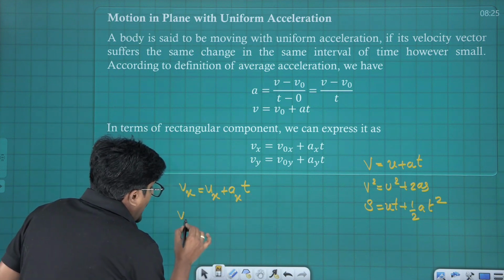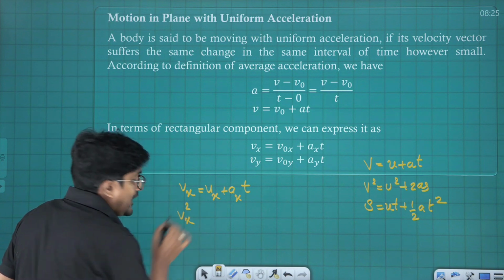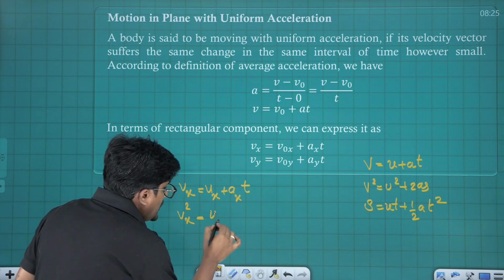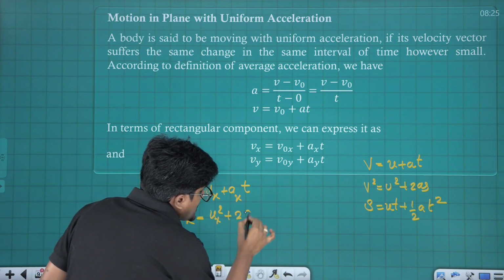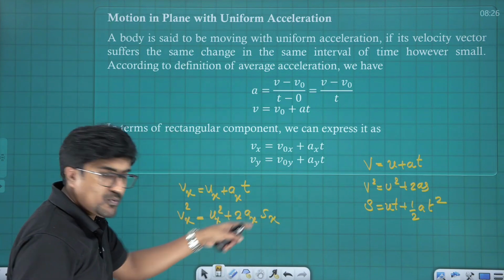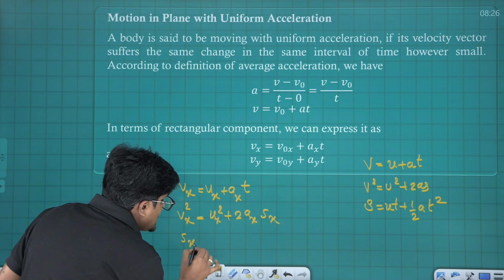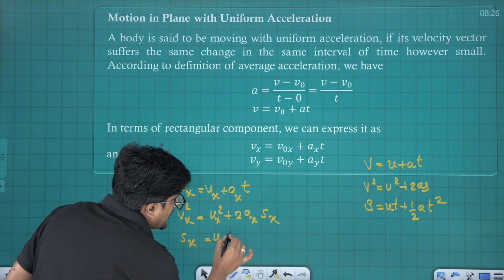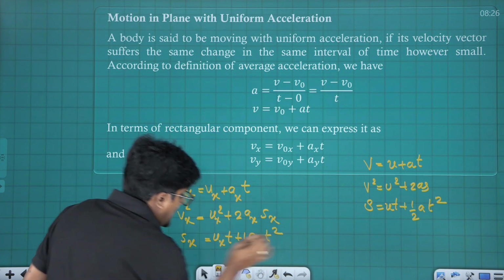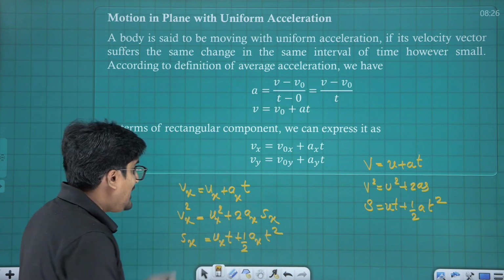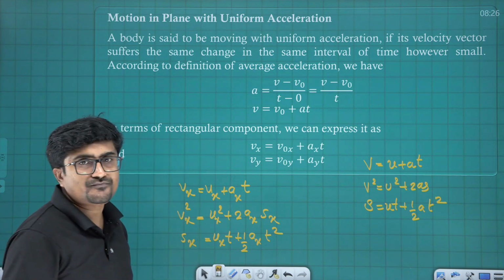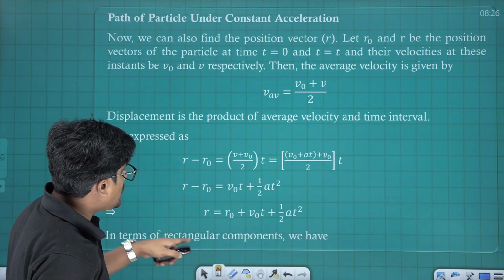Now, the final speed along the x-axis, vx square, is going to be ux square plus 2 times ax into sx. That is v square equal to u square plus 2as. And the next one is the displacement along the x-axis, equal to the initial velocity along the x-axis into time taken plus half of the acceleration along the x-axis into time taken square. That is s equal to ut plus half at square. In the same way, you may take it along the y-axis and z-axis also. The entire thing is telling about that only.